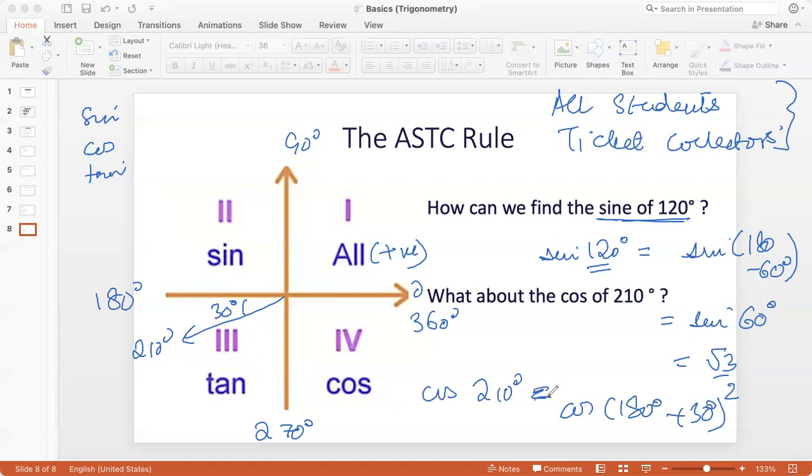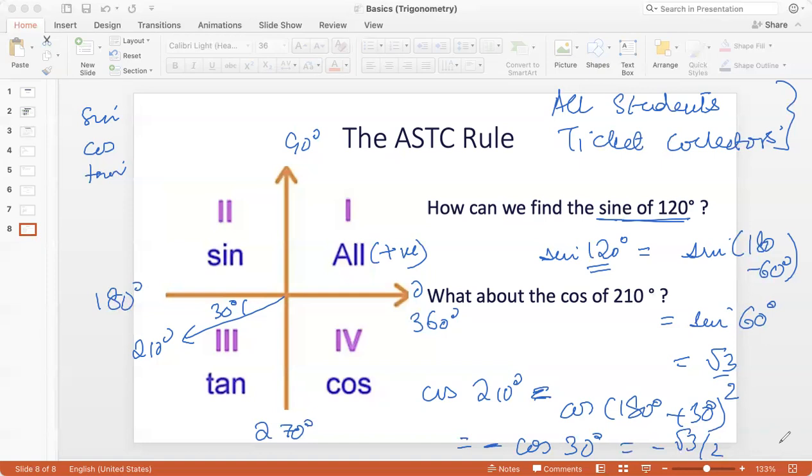So cos of 180 plus 30 will be negative cos of 30. So here, whatever is cos 30, I'll take a negative sign with it because we are in the third quadrant where cos is negative. So cos 30 is root 3 by 2. So cos of 210 is negative root 3 by 2.